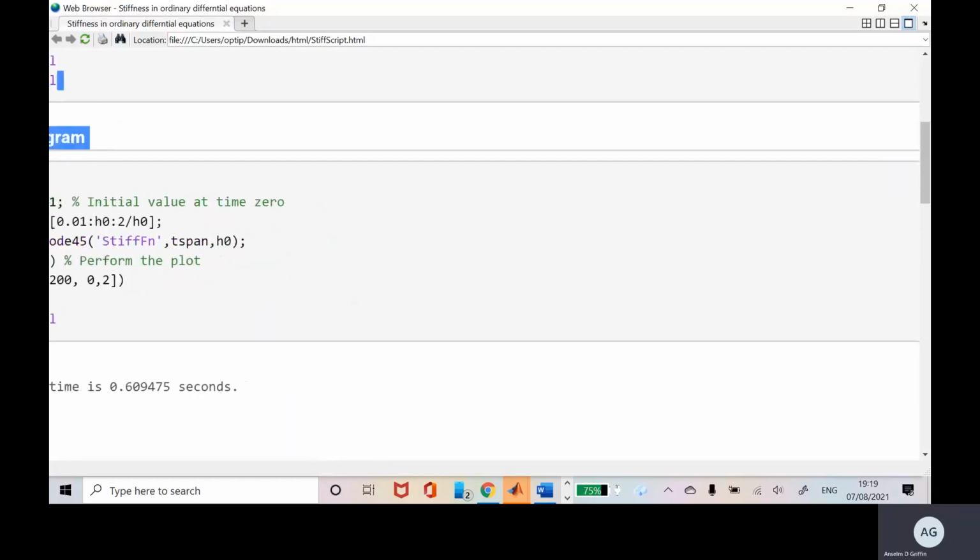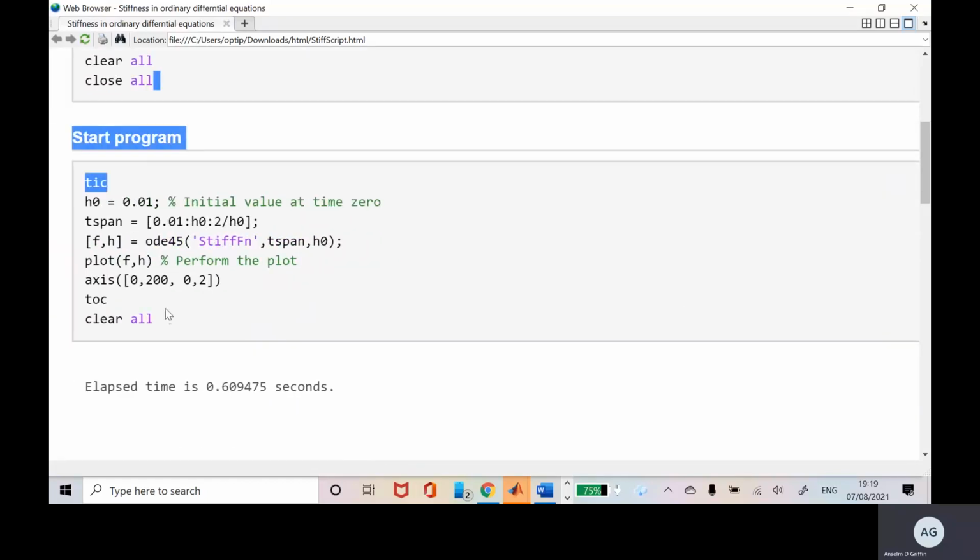Sorry for that, just moving there. I call ODE45 on the stiff differential equation. I'll show you the stiff differential equation at the end, but that's quite simple. The time span and the initial condition. The x-axis is 0 to 200 and the y-axis is 0 to 2.